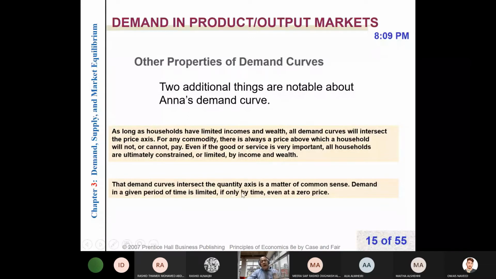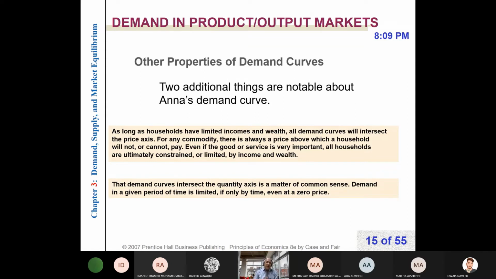And see another case. If the price is 0, if the product is free, just for imagination, why does Salim take only 30 kilos? Because of limited time. I can wait for next week and take another 30 kilos for free.